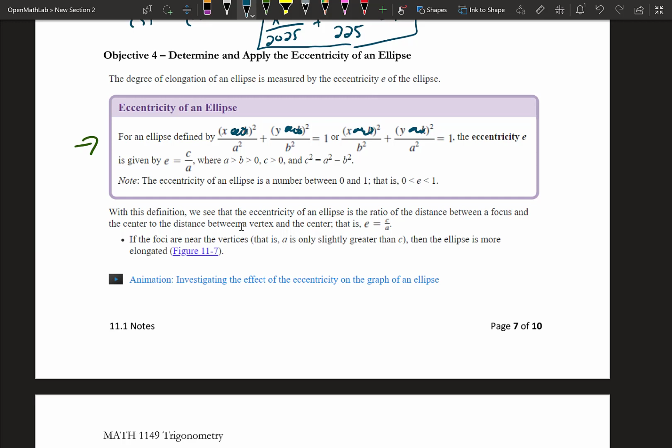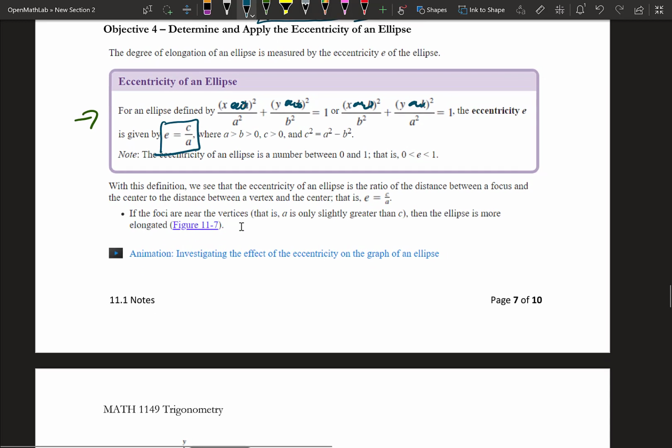When we have it in that form, the eccentricity is just the value c divided by a. So we just need to identify the c value and the a value and divide those. The eccentricity of an ellipse is a number between 0 and 1. So e is always between 0 and 1.